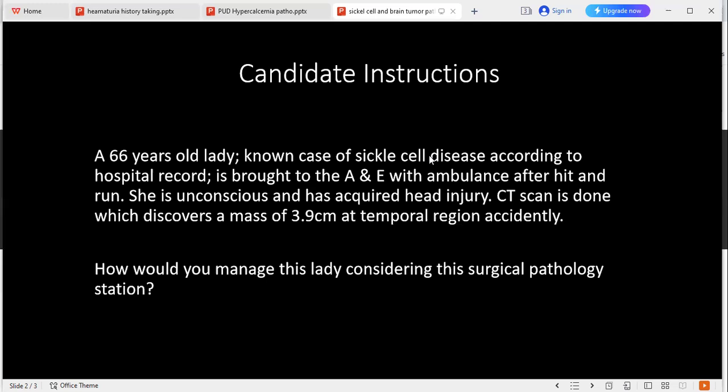So after discussing with your MDT team, you excised the lesion. Post excision, the patient's wound is not healing. What might be the common organism that you'll find there? Staph aureus could be there. Yes. Okay, and there is a fluid discharge from the wound that contains glucose. What might be the significance of knowing that the fluid contains glucose? Yes, that means there is direct communication with the cerebrospinal fluid.